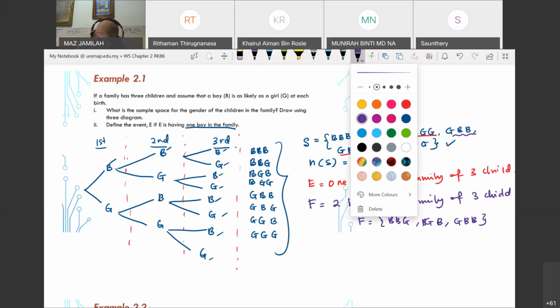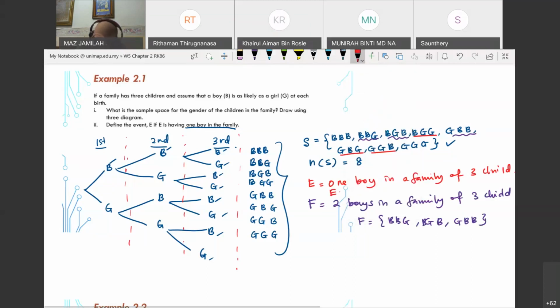For E just now, E is equal to one boy is BGG, GBG, and GGB. Okay, that will be the defined event for the particular experiment.